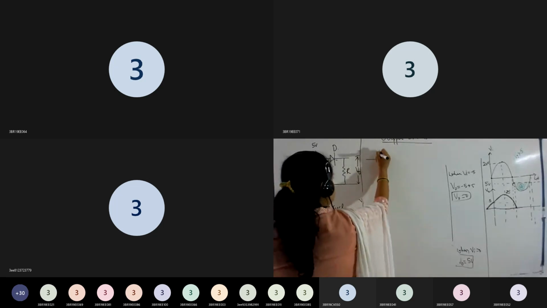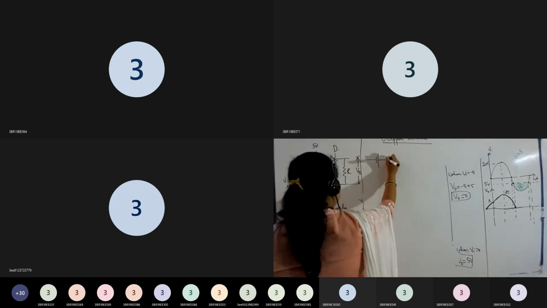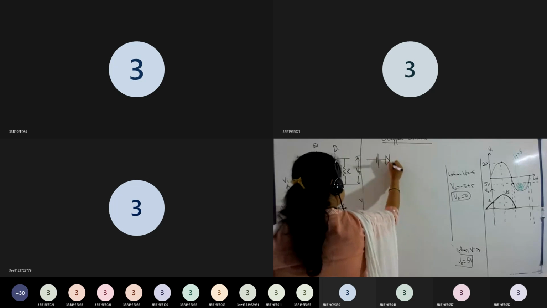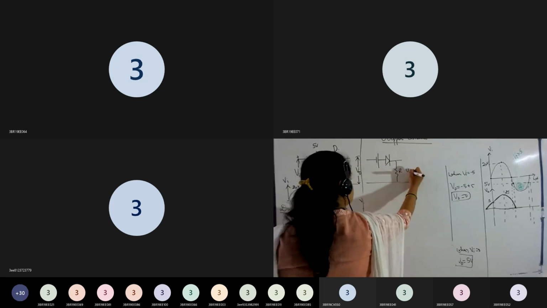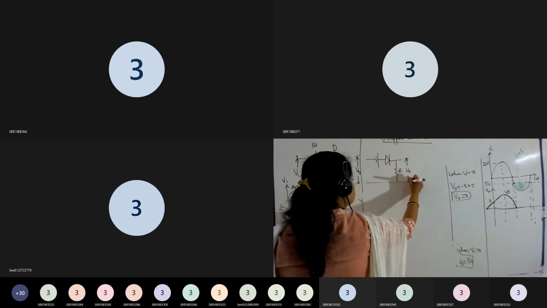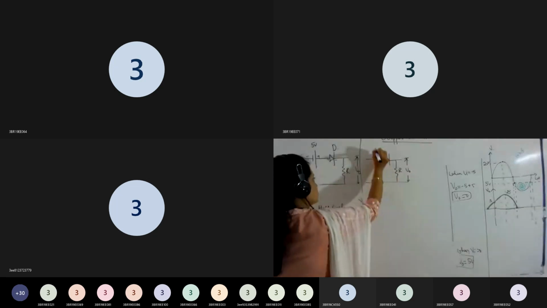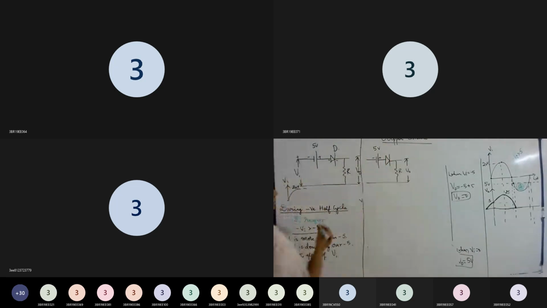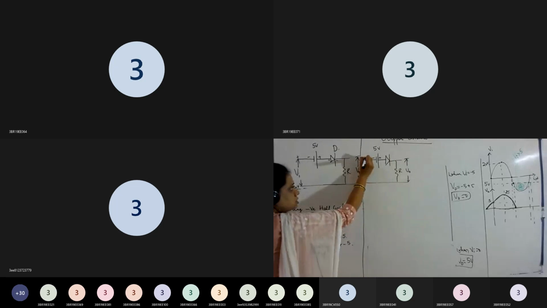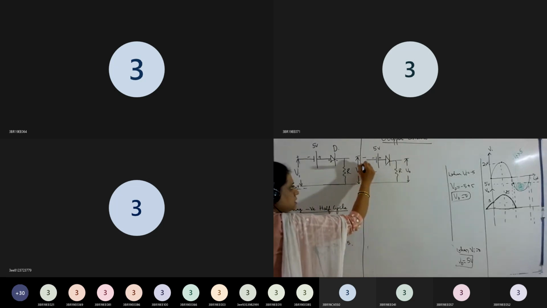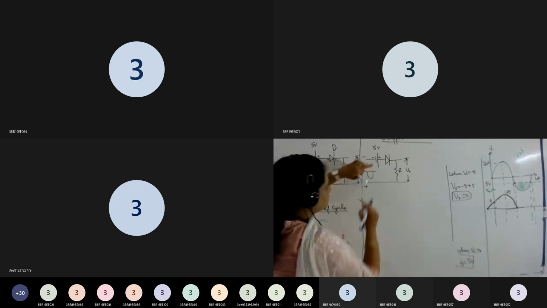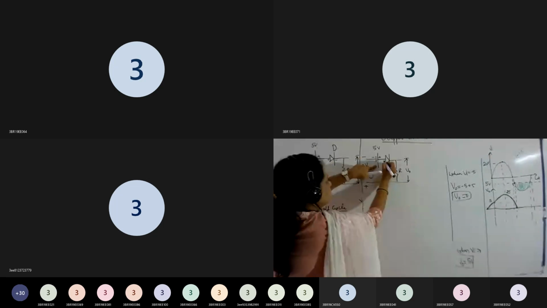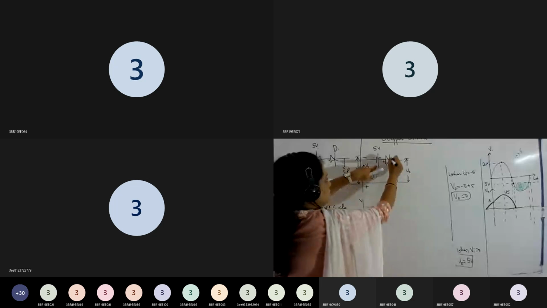So considering the effect of Vi, let us consider how the circuit will be. So negative half cycle we have considered. So this should be negative, this will be positive, correct? This is Vi.